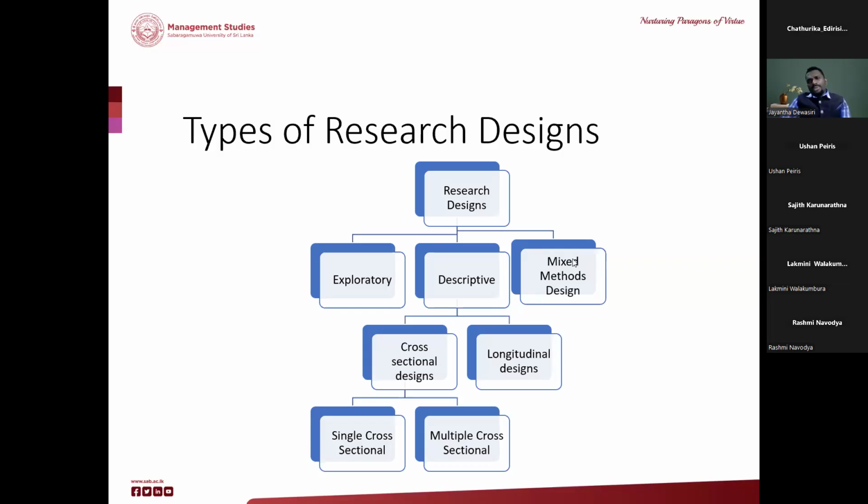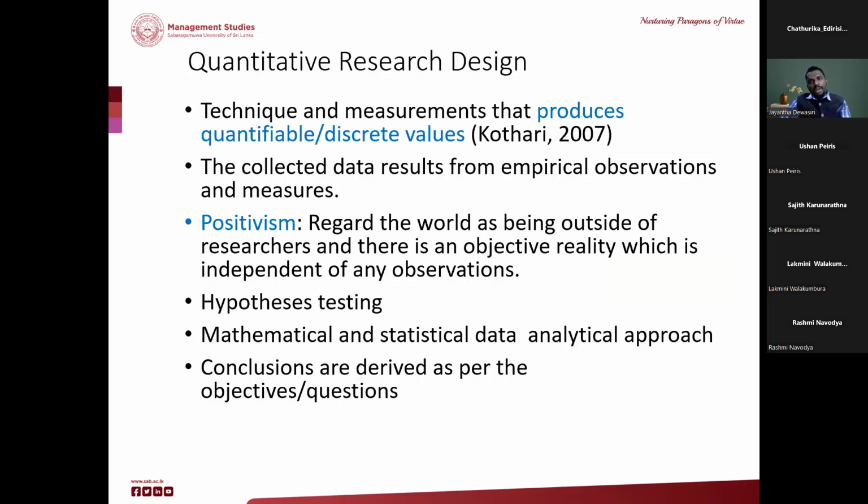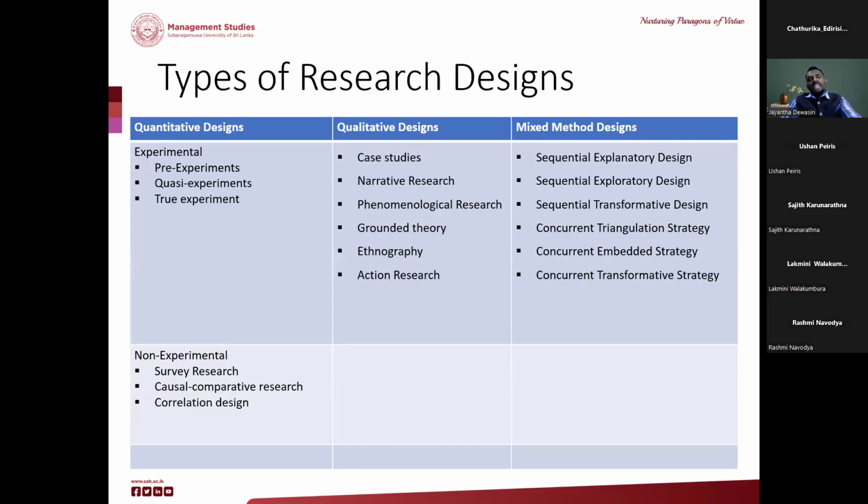When it comes to research design, as I stated, there are 6 major designs under the quantitative, 6 major designs under the qualitative and 6 major designs under the mixed method as well. So you could remember. Now we are going to discuss the quantitative designs and mixed method designs. I'm not going to touch upon the qualitative, which was covered last week.